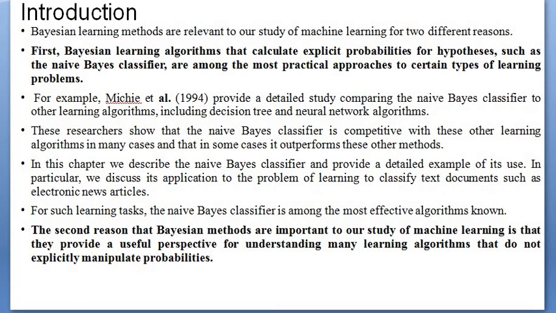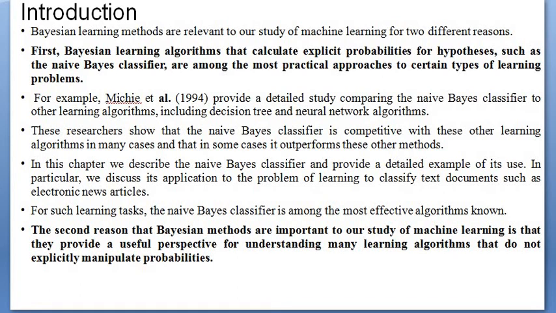The main aim of Bayesian learning is to calculate the probability, and as you know the probability values vary between 0 and 1, and if the probability of any hypothesis is 1 or near to 1, that hypothesis we will consider as the best hypothesis.